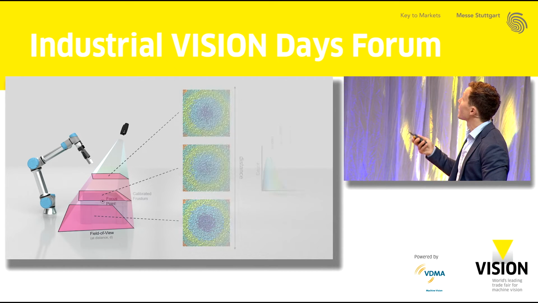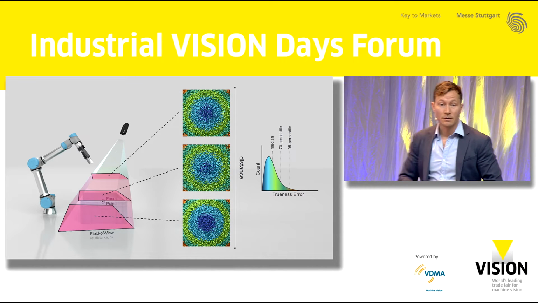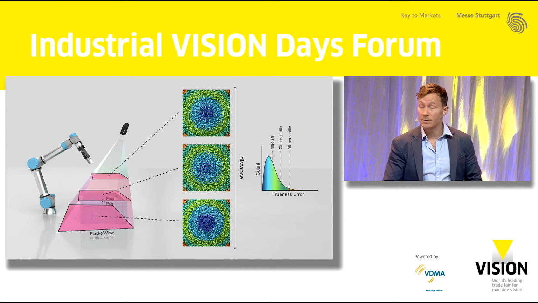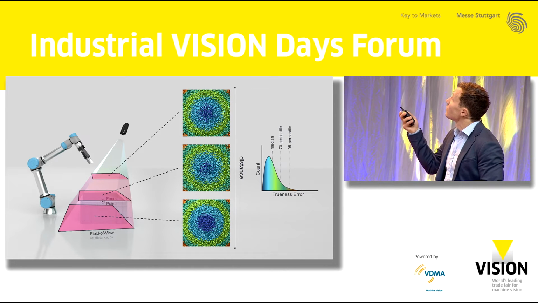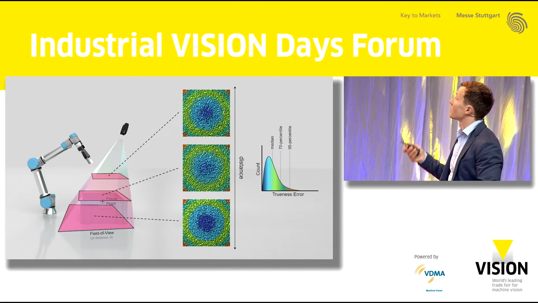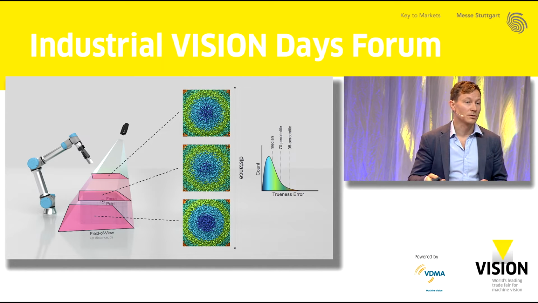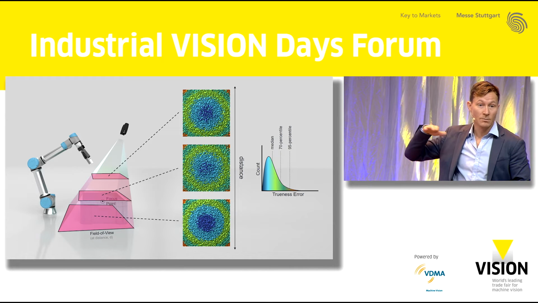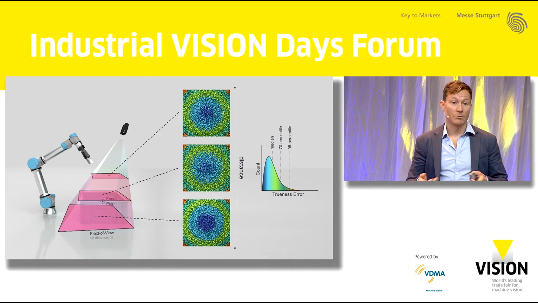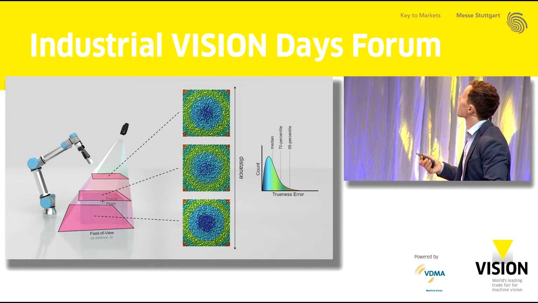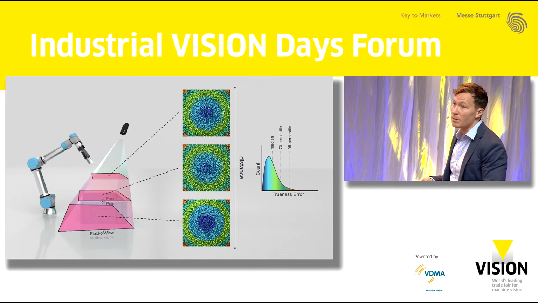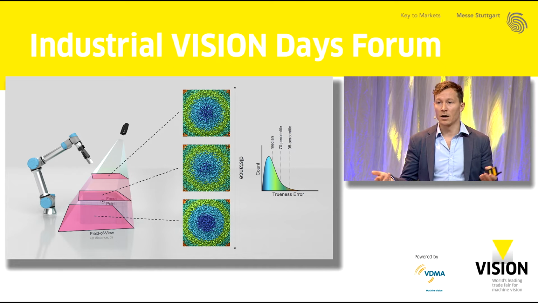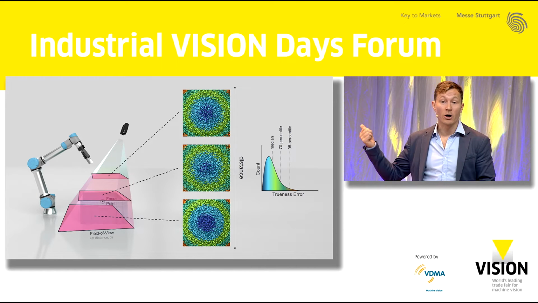So what we do is we slice the entire working volume into a lot of different slices. And we look at maybe 1,000, maybe 5,000 individual measuring points for every slice. And we compare it to a very known reference. And so we create, for example, here a contour map which says something about how the point cloud differs from a known reference object. And this is very hard to do properly, actually.